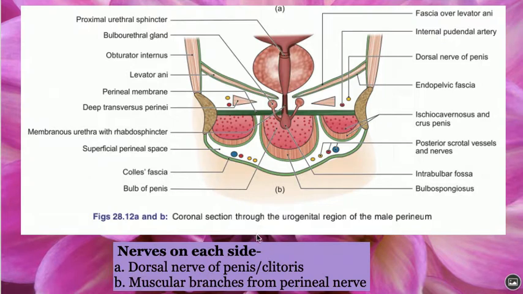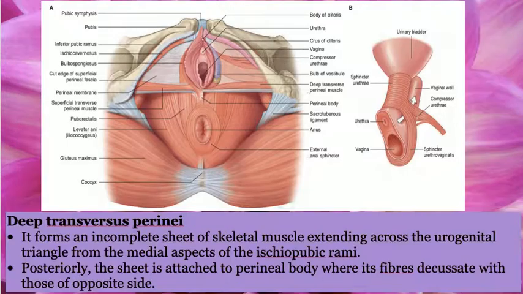So the nerves, again, we have the dorsal nerve of the penis or the clitoris over here, and then we have the muscular branches from the perineal nerve. Okay, so the deep transverse perineum, you can see it is an incomplete sheet of muscle extending across the urogenital triangle from the medial aspect of the ischiopubic rami. Posteriorly, the sheet is attached to the perineal body over here.